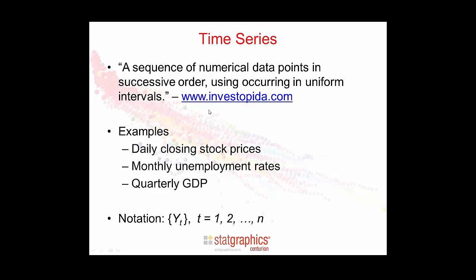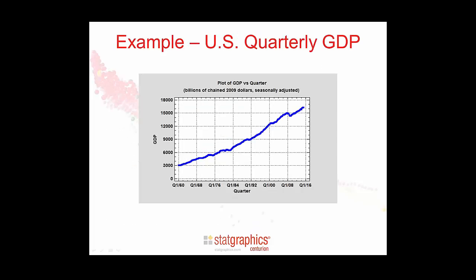We're going to need a little bit of notation today. I'm going to refer to a time series as the sequence y sub t, where t will range from 1 to n. So n is the number of observations, if you like, in the time series. Now, the example I'm going to start with is a timely example, I think.